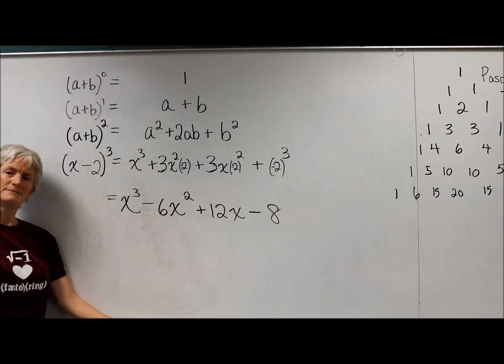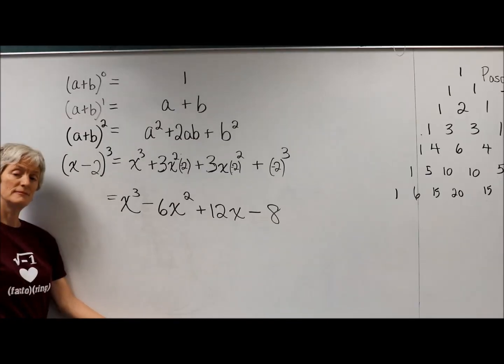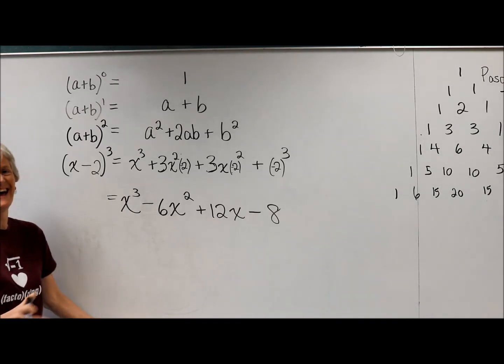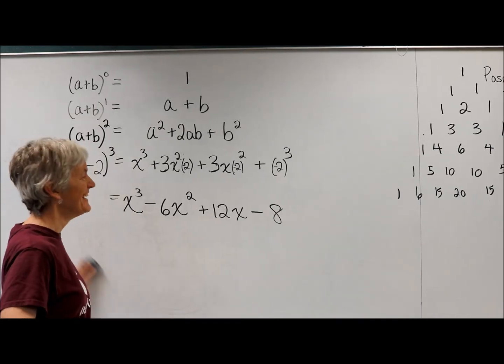Sticking it into parentheses is what's going to get you the correct sign on these. You really have to think about the order of operations there. In math, parentheses make a difference, not like in English class where you just stick them wherever you like.